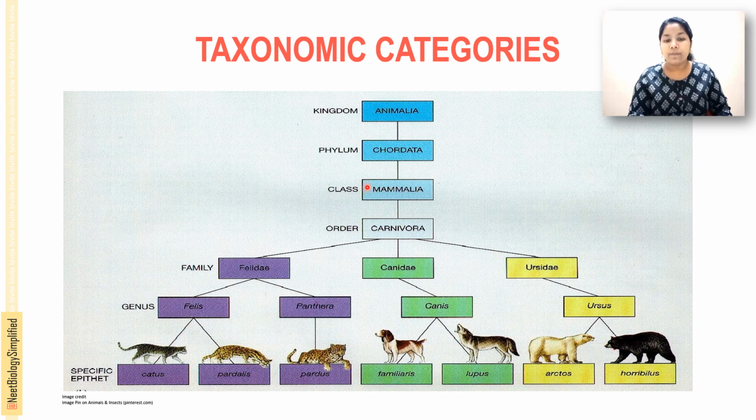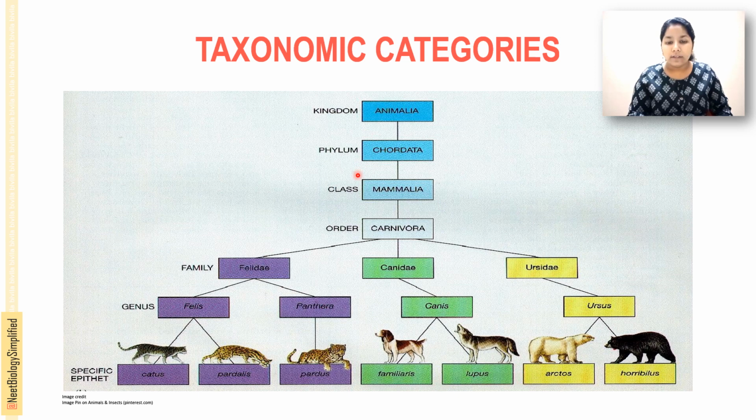Next, they are classified into another higher category, that is phylum Chordata. Why are they coming under the Chordata? Because they have the notochord as well as the dorsal hollow neural system. That is why they are coming under the phylum Chordata.